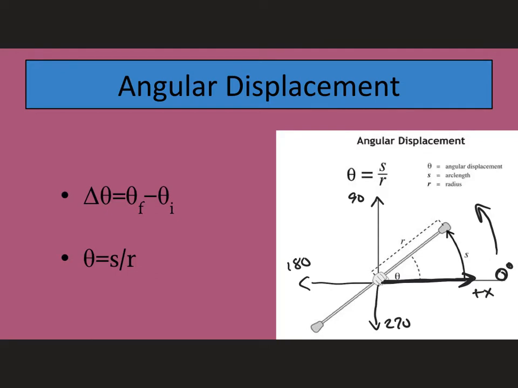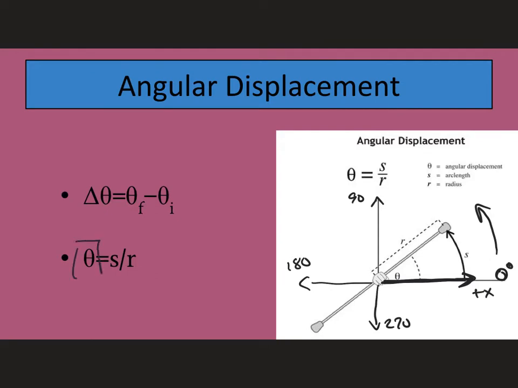Our change in angle is equal to our final minus our initial, just like our change in position in translational is equal to final position minus initial position. But we can also determine the angle through which an object moves by dividing the length of the arc, S, by the radius, R. Both of those will give us the same value.